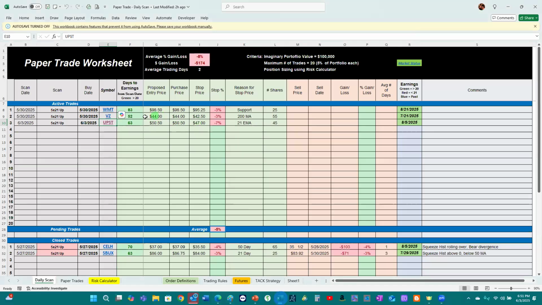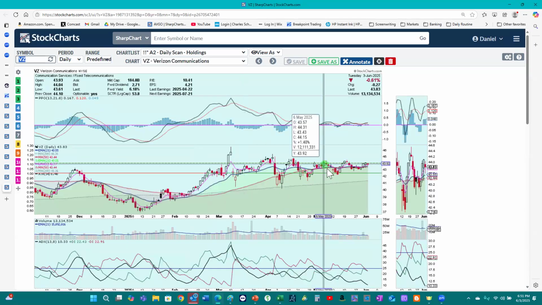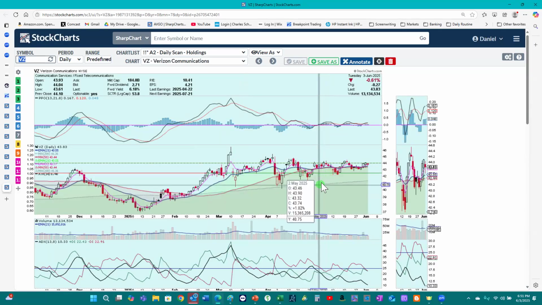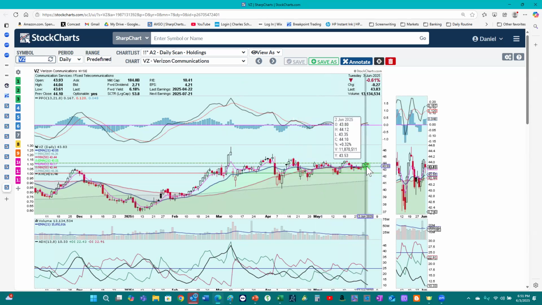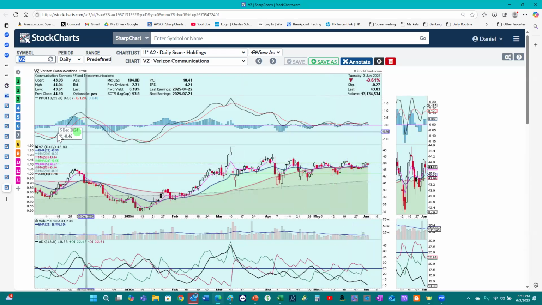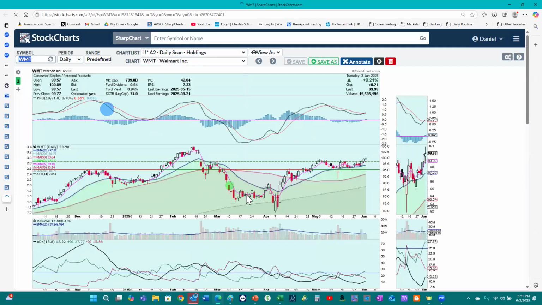Let's look at the other ones. Verizon, stop is down here. We actually had it lower than that, so we've moved the stop up a little bit. And this is where we bought, so we're a little underwater, but not by much. So we'll keep an eye on that one. And Walmart, right here.